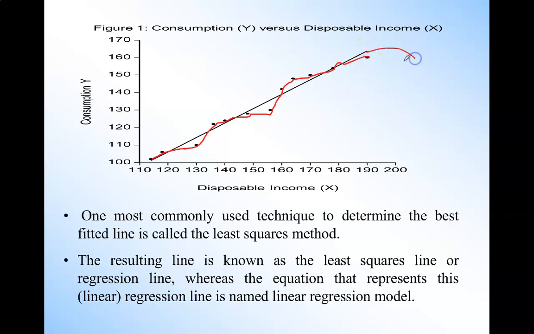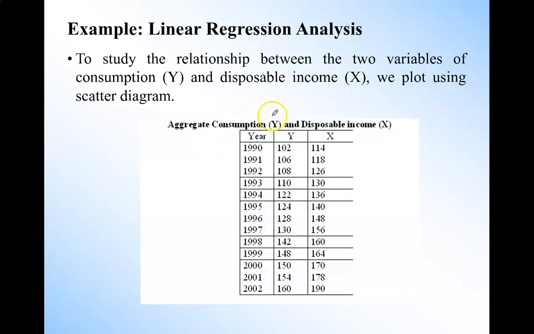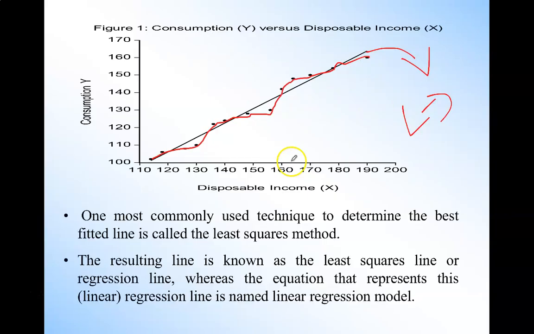This straight line represents the linear line, which is the regression line. It is represented with a straight line, but the original dotted line, when we plot y and x together, is not a very straight line. So one of the best ways to estimate this crooked line, going up and down here, is to determine the best fitted line, which is called the least squares method.